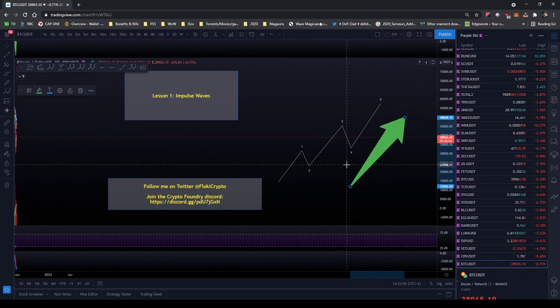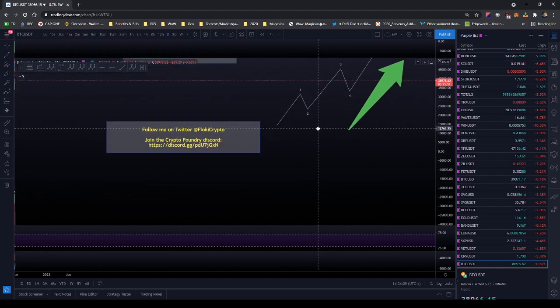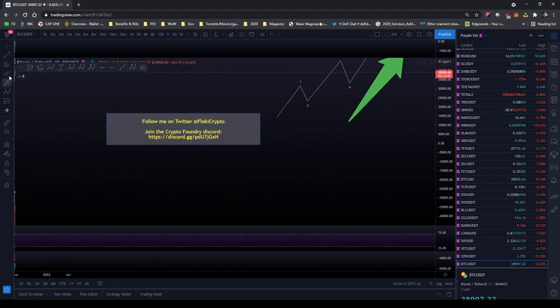There's also another type of wave that we need to be aware of. That would be the diagonal, which is another type of motive wave, which we will look at at a later point, but I want to show you what it might look like.